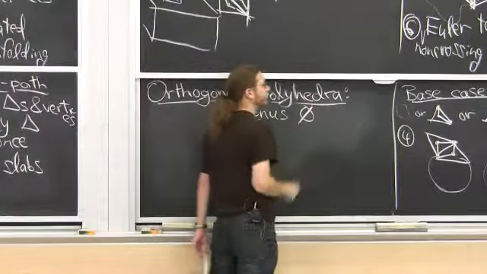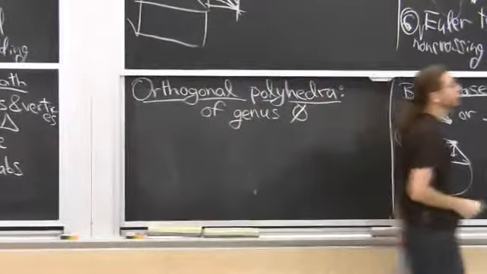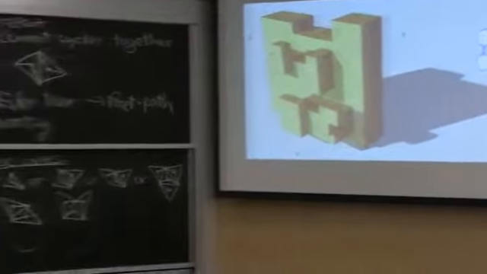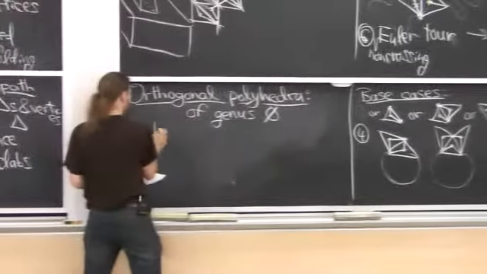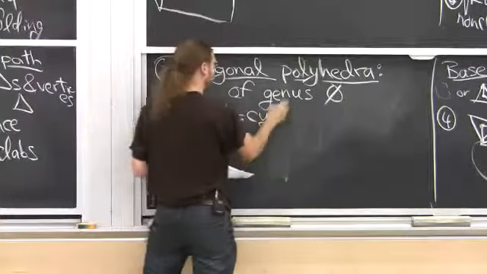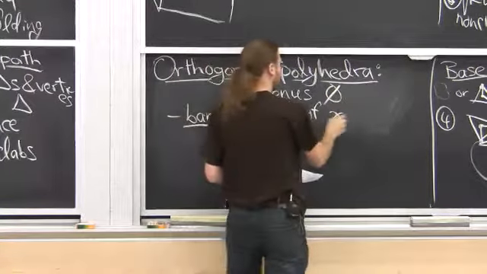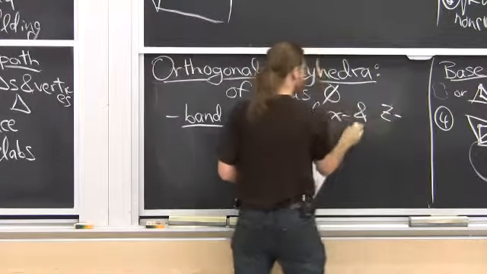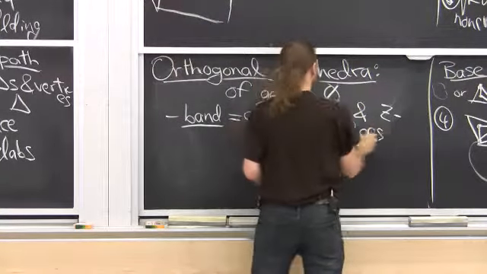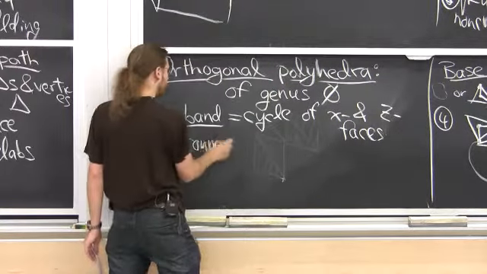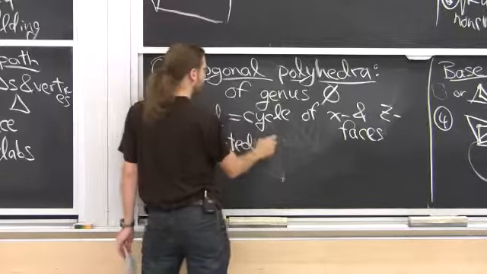So we're going to exploit that dual drawing. I mean, how the bands are connected together is like a tree. So let me write down: a band is a cycle of x and z faces, and they are connected together in a tree.